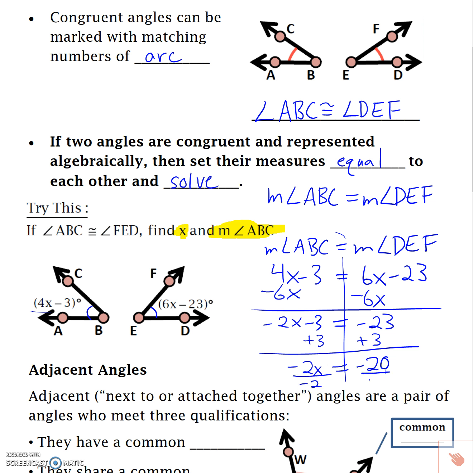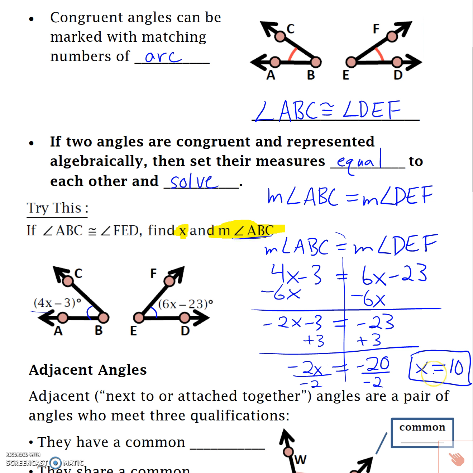Divide by negative 2, and we get x equals 10. But we're not quite done. That was finding x equals 10. The other thing that the question asked us for was to find the measure of angle ABC.